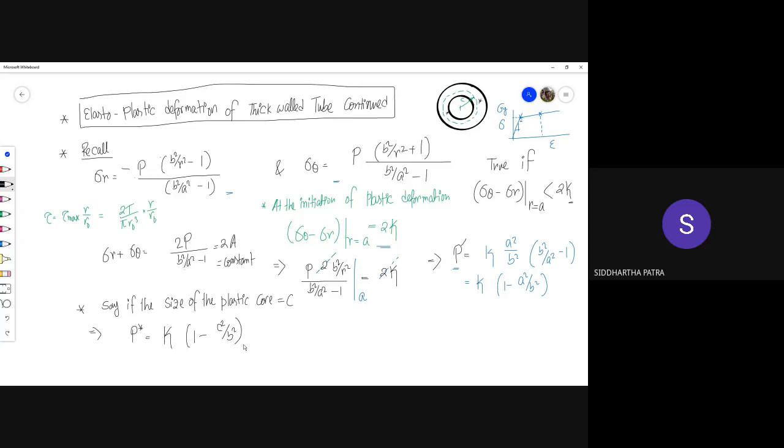Okay, which would mean that if R is greater than C, that means in the elastic domain, so this is the elastic part, and this is the plastic part.